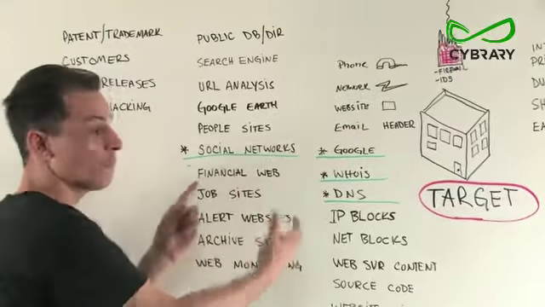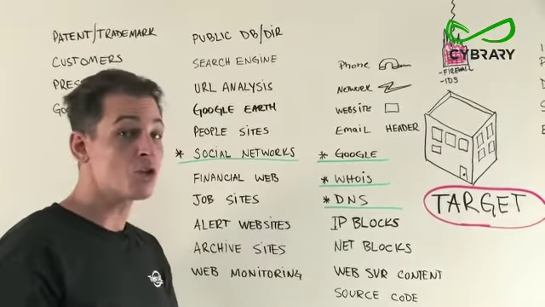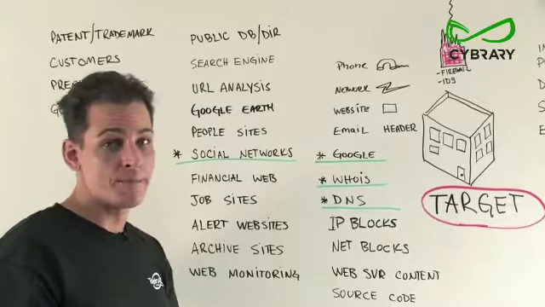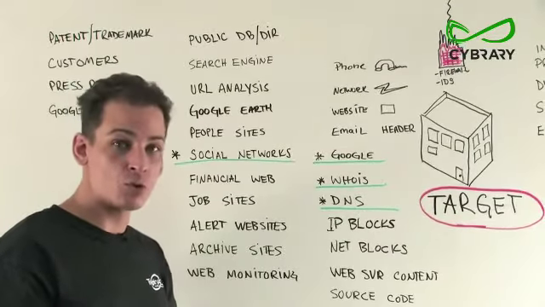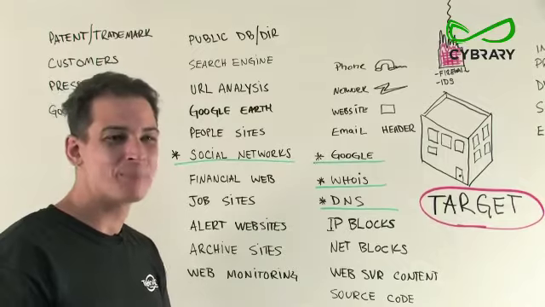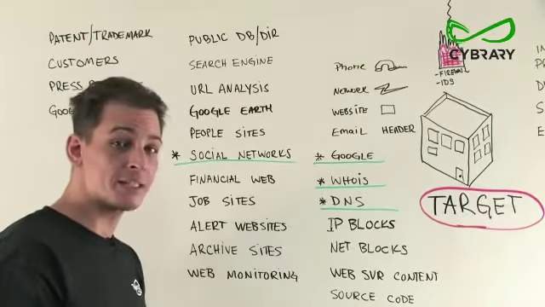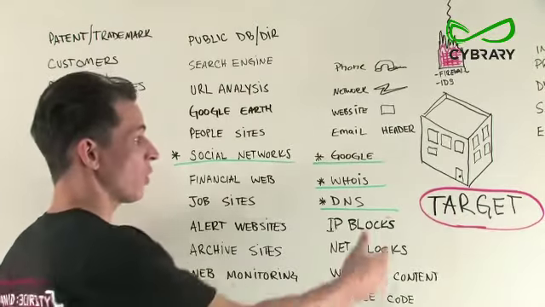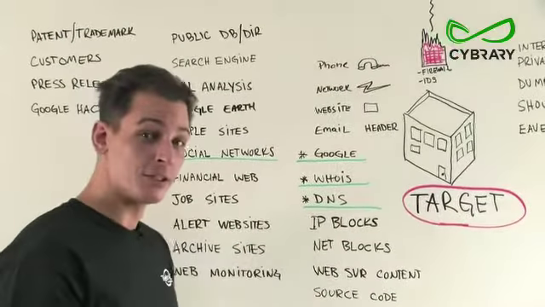And then the social networks. It seems that everybody has a social presence nowadays, so you can use that to your advantage. Are the social networks highly popular? Are they being used all the time? Or was their last update to the social sites a year ago? All of this needs to be taken into consideration. So Google, whois, DNS, and social networks is where I like to start.